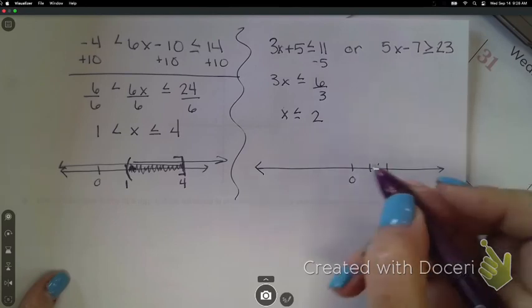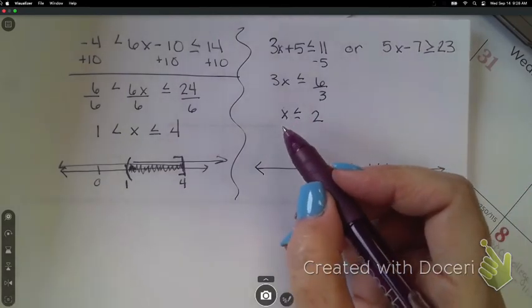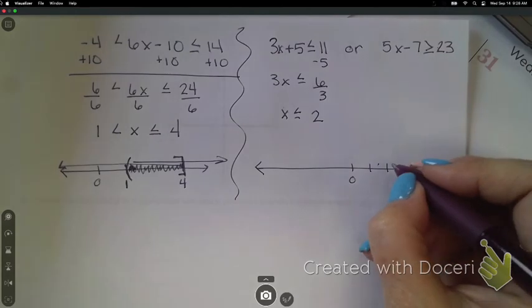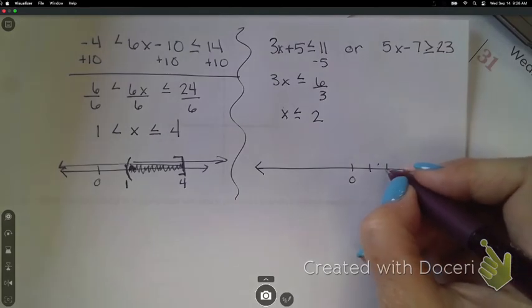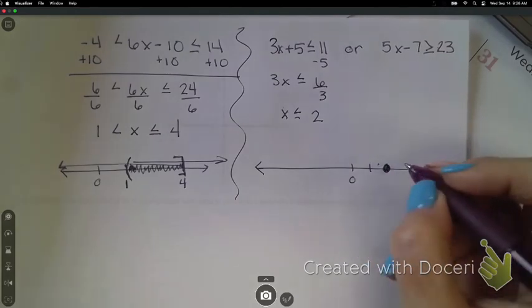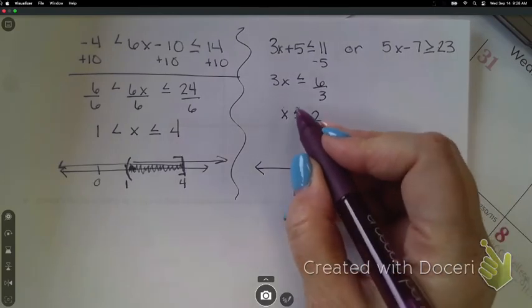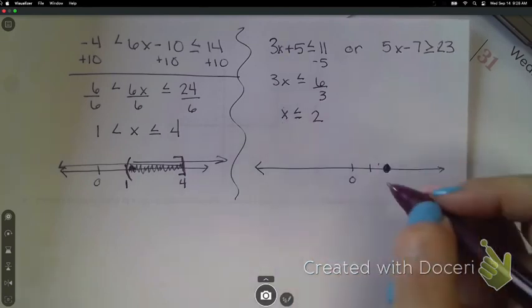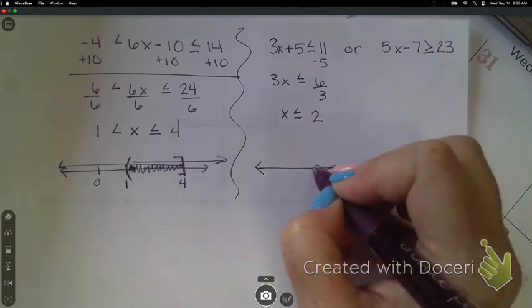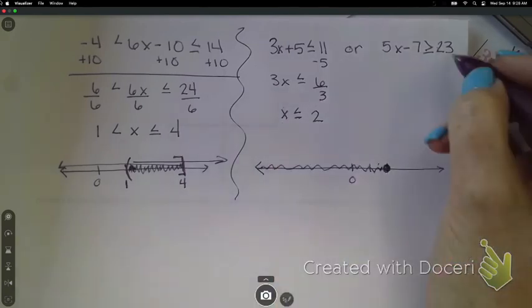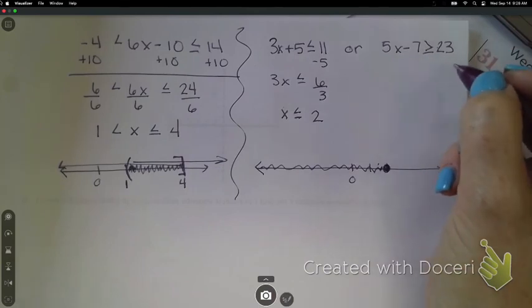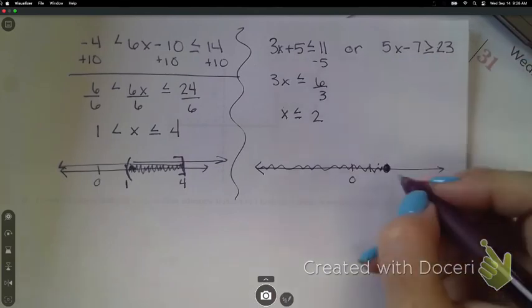So it says x is less than or equal to 2. So open or closed? Closed. Left or right? It's closed, and x is less than, so to the left. Okay, now I do this one. I forgot my 7.